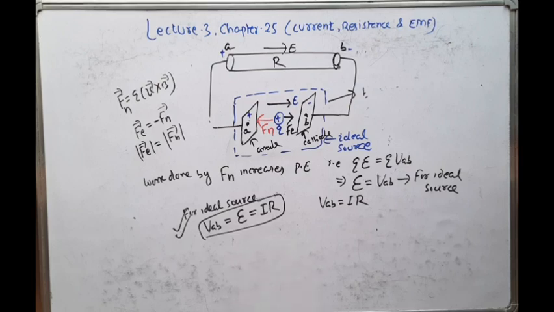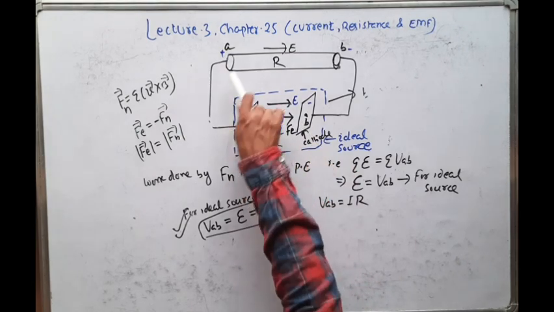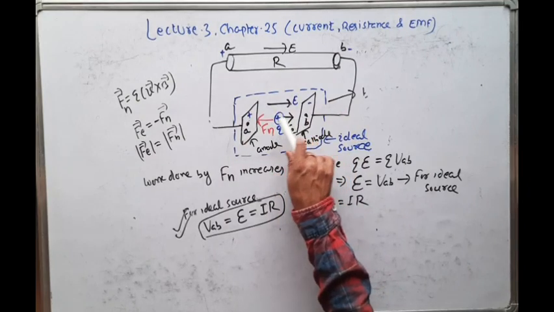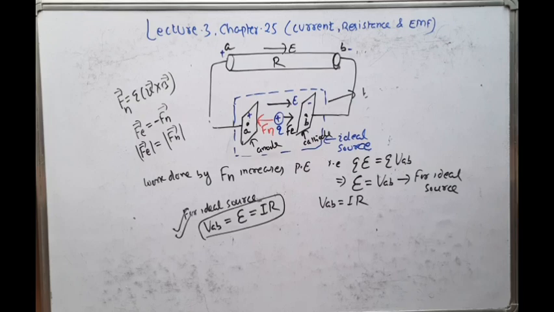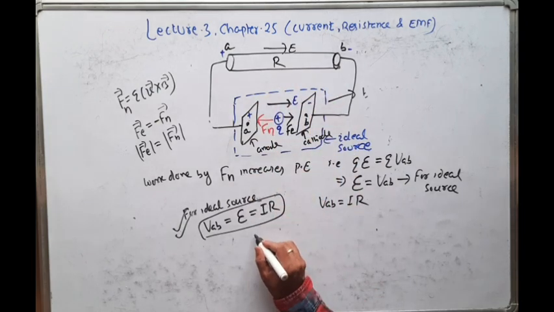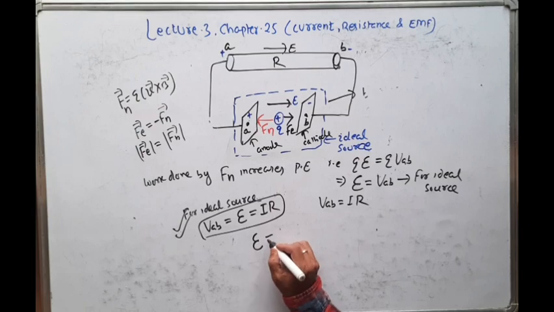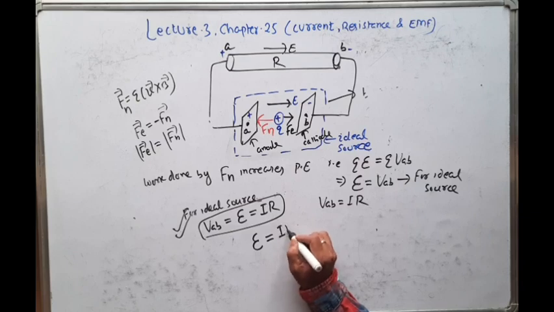Another thing is that when positive charge Q flows around the circuit, the potential rise, that is E, inside the source is equal to the potential drop VAB, which is equal to I into R, as it passes through the remainder of the circuit. That means the potential rise E is equal to the potential drop across the circuit element, that is IR.